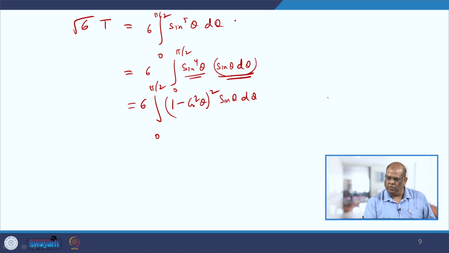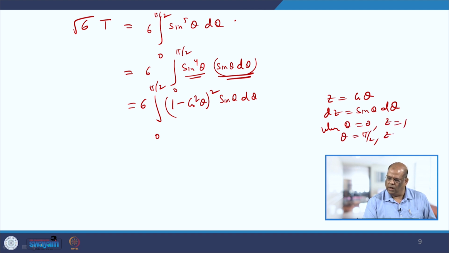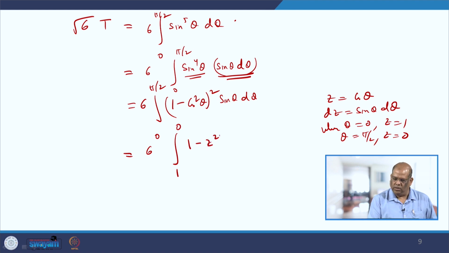So, you substitute z equal to cos theta and dz is sine theta d theta. When theta equal to 0, z equal to 1 and theta equal to pi by 2, z equal to 0. So, you get this is 6 times 1 to 0, 1 minus z square whole square dz.